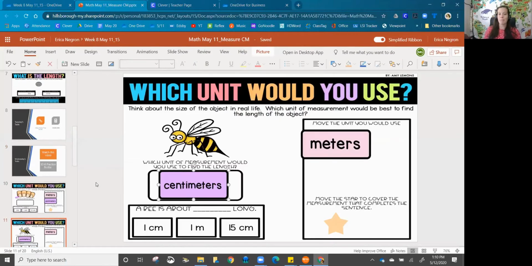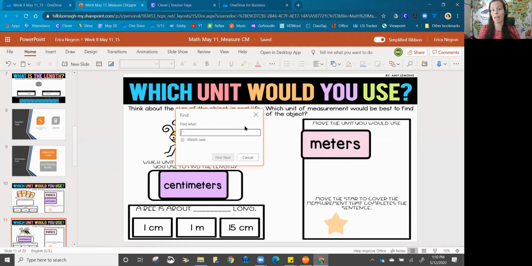Now, a bee is about how long? A centimeter, a meter, or 15 centimeters? Now, mind you, 15 centimeters is right here. Oh, that's inches. 15 centimeters, from here all the way to here.